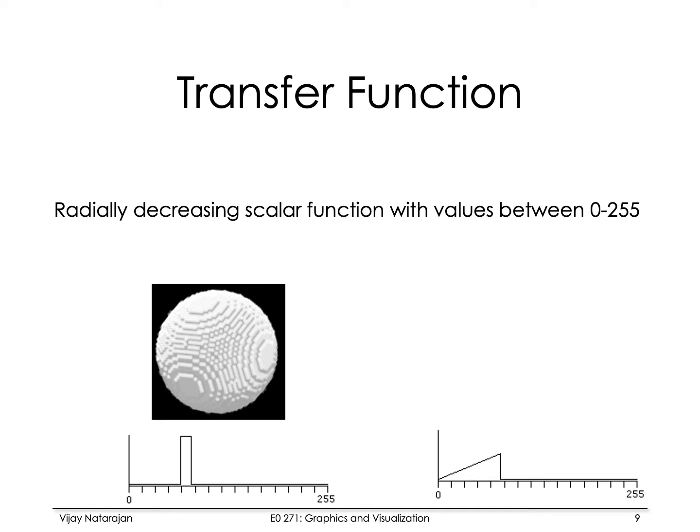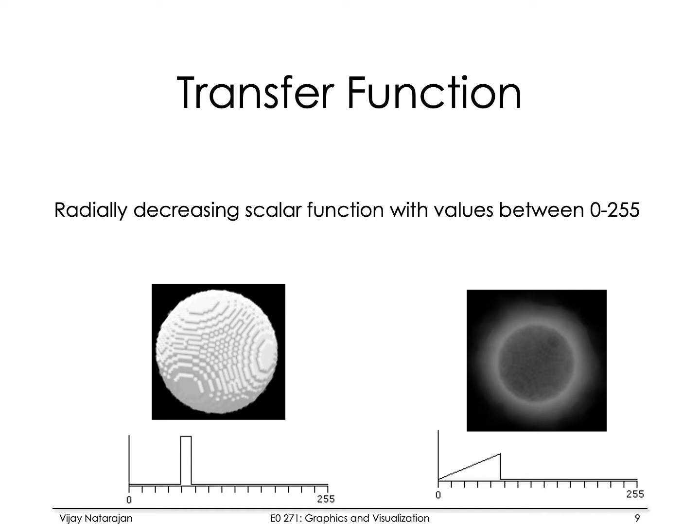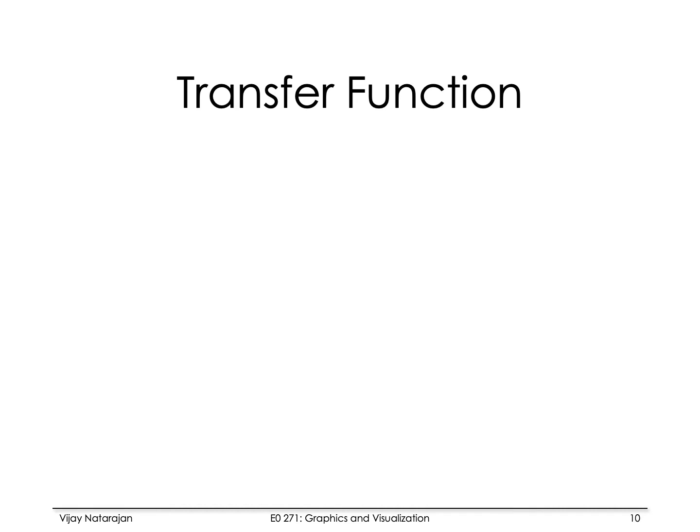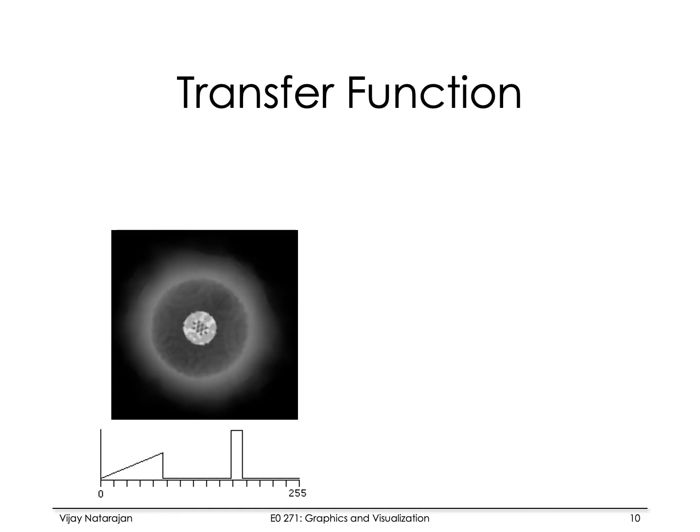If the transfer function is modified to an incline, then you get a small halo for the low values, for the values that are lower than the value specified here. If we combine the two, then we get a halo for the inclined portion of the transfer function, followed by an inner core which is shown as a solid opaque isosurface.